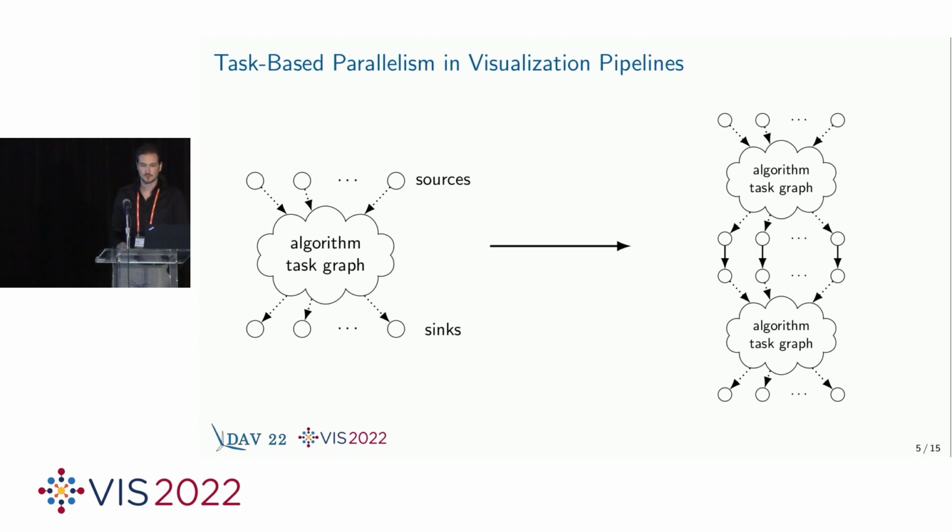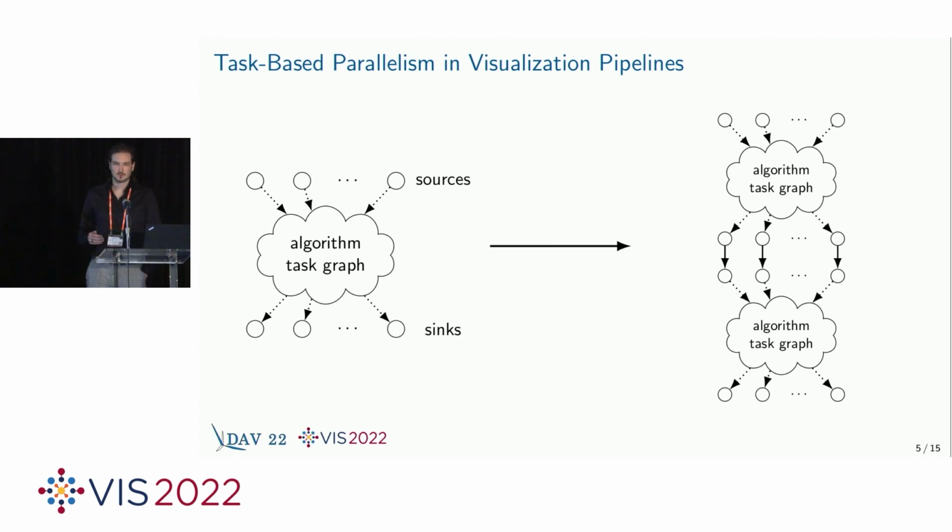But how does this transfer to visualization pipelines? In visualization pipelines, let's look at one single module on the left, where we have a task-based implementation of some algorithm. Since it's task-based, we can represent it as a task graph.